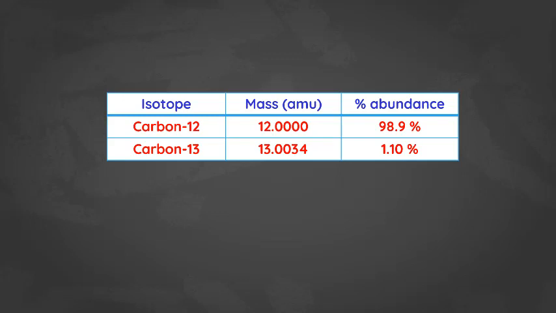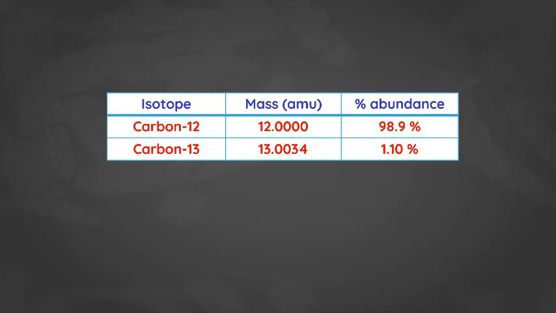Carbon-12 has an isotopic mass of 12.0000 AMU and its percentage abundance naturally found on Earth is 98.9%, while carbon-13 has an isotopic mass of 13.0034 AMU with its percentage abundance only 1.10%.